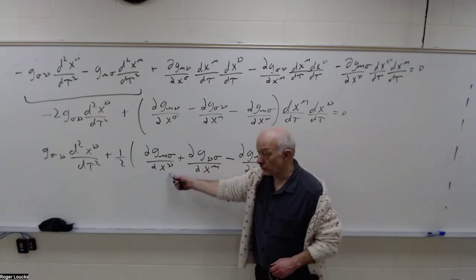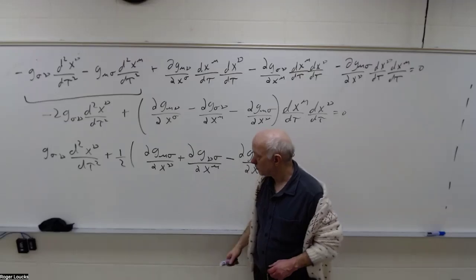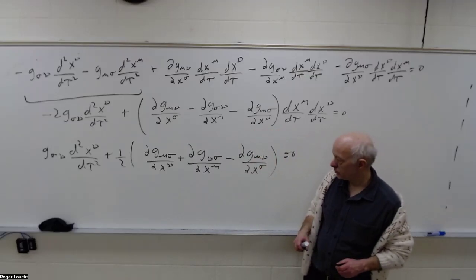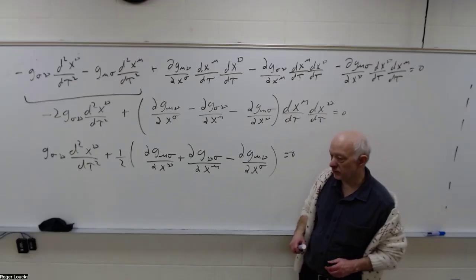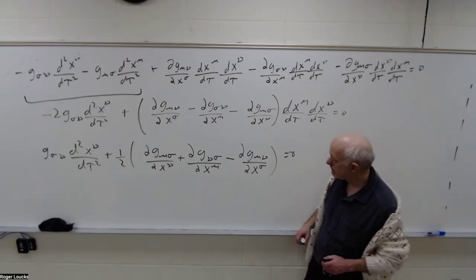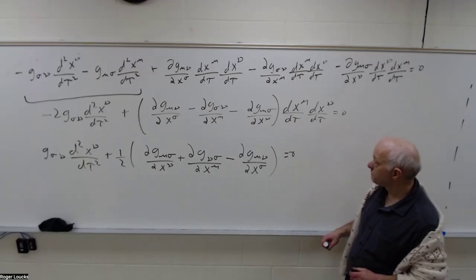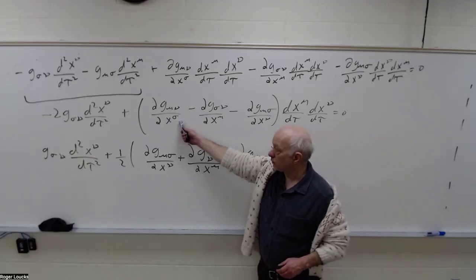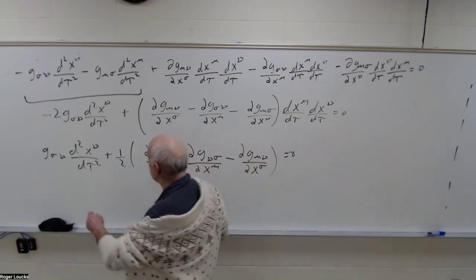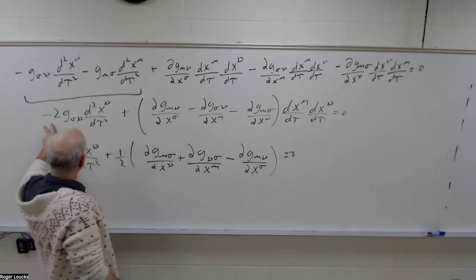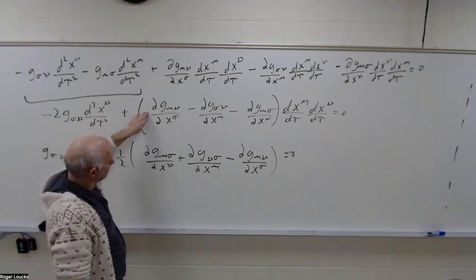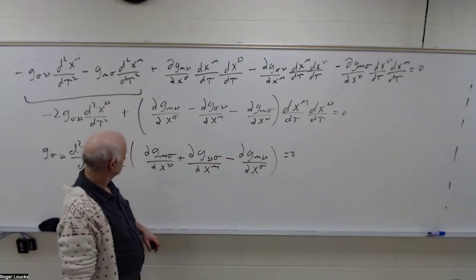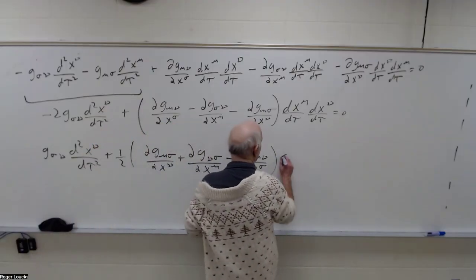I wrote this one first, and I wrote this. There's a G mu mu. Should be mu sigma. Wait, what? This guy comes from the minus sign there. Divide everything through by minus two, so this becomes under the minus sign. That goes here, so this thing goes here.